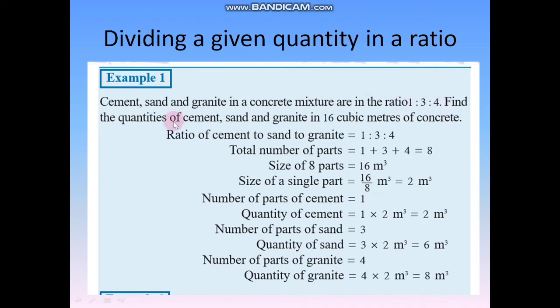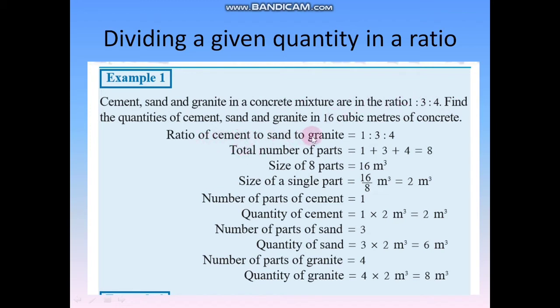Find the quantities of cement, sand and granite in 16 cubic meters of concrete. To do this, we have to find how many parts this makes together.